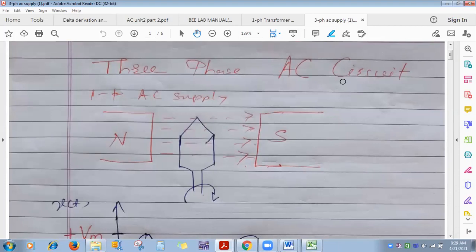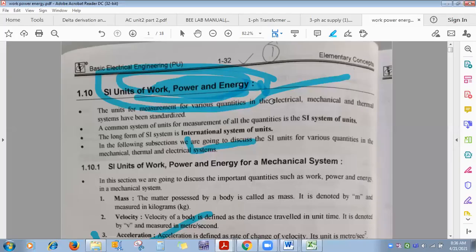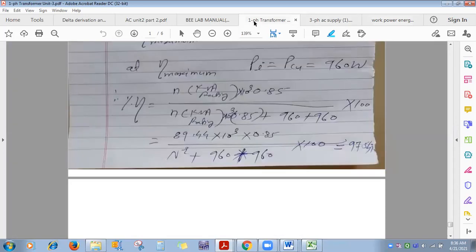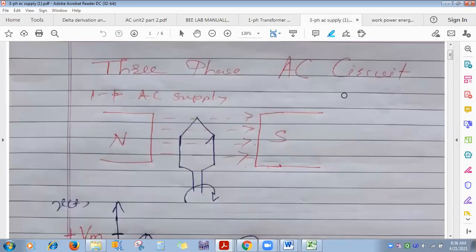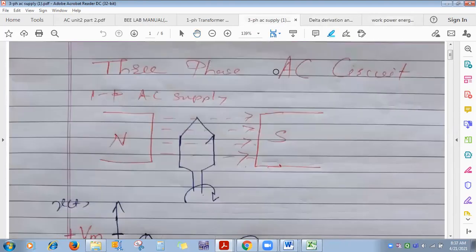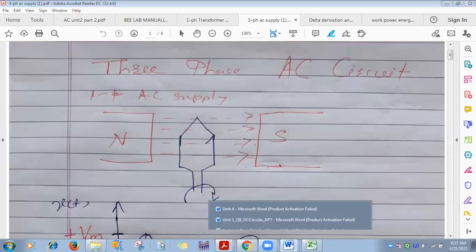So see here, unit 4. Unit 4, 3-phase AC circuit. One minute. Okay. Let's start now. 3-phase AC circuit. One more required for this, that I open it.